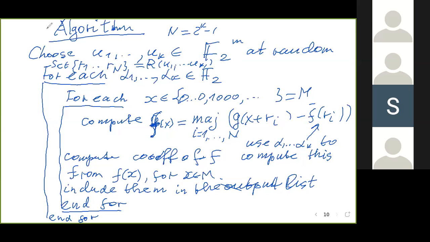And why is this algorithm correct? We need to show that the probability of error, where error means that our list doesn't include the coefficients of a genuine function f, is at most delta. What do we know?